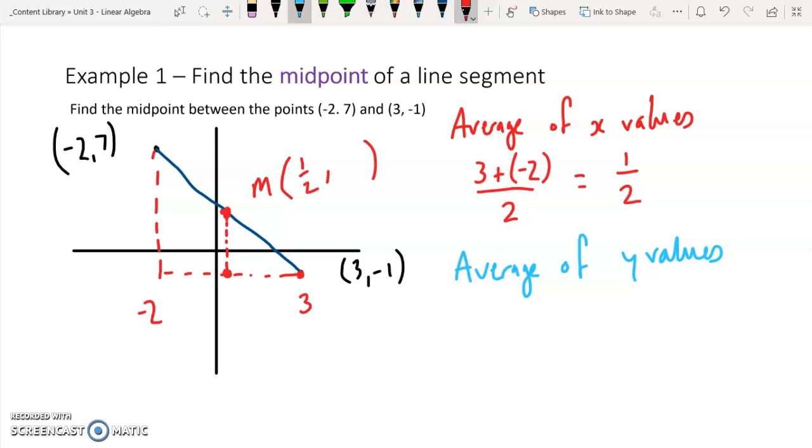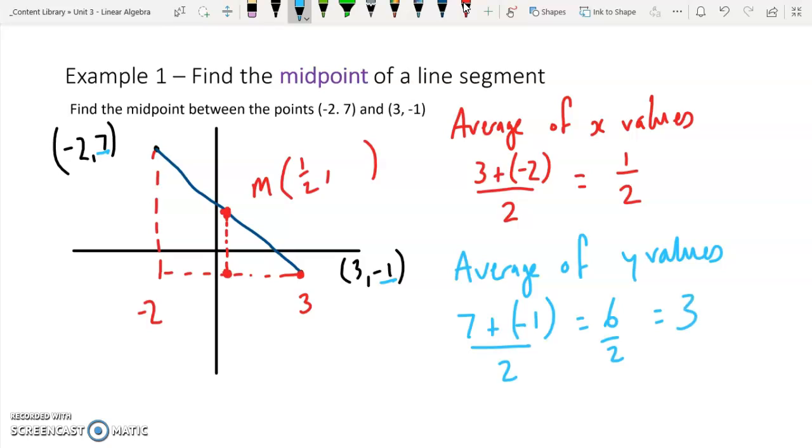Then we want to find the average of the y values. We start at 7 and we go down to -1. To find the average of the y values, we do 7 plus -1 divided by 2, which is equal to 6 over 2, which is equal to 3.